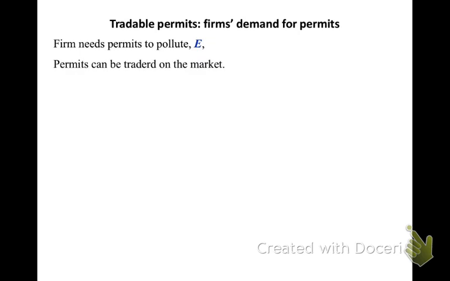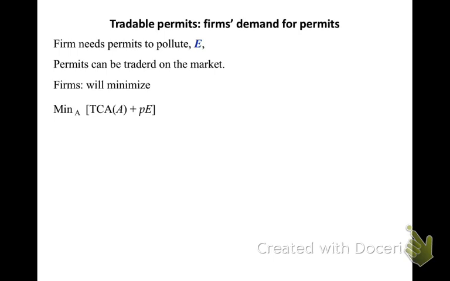But permits can be traded on the market. Firms can, again, as in the taxation case, choose between abating and buying permits. Is it clear? So they will minimize the total cost of abatement plus the price of the permits times emissions.